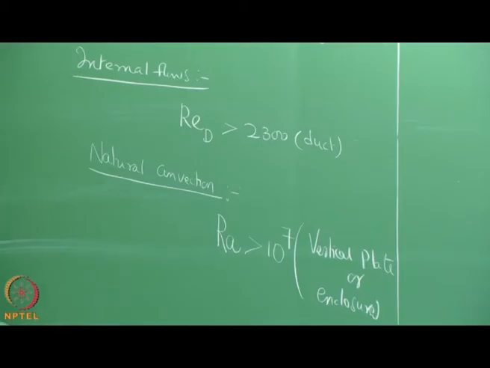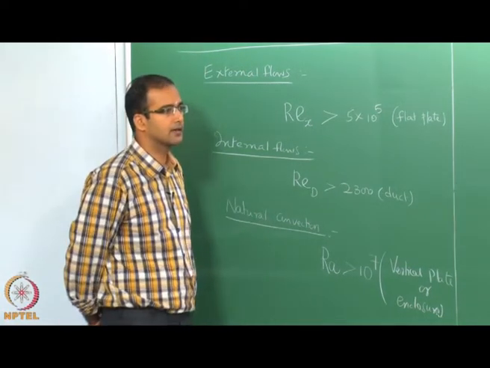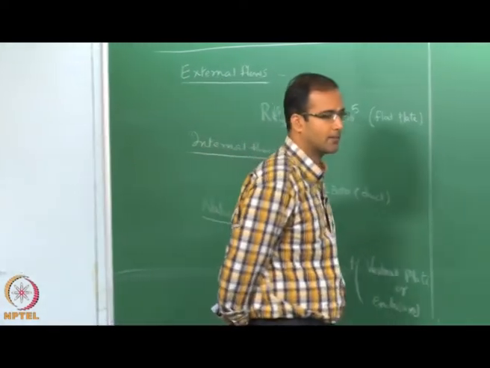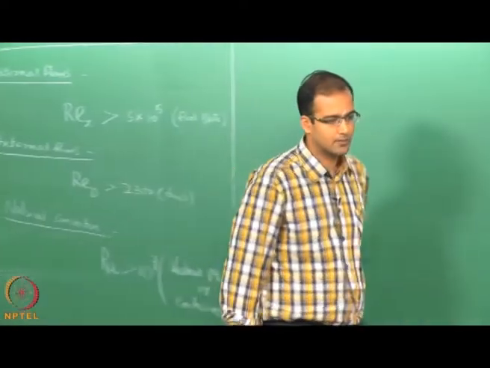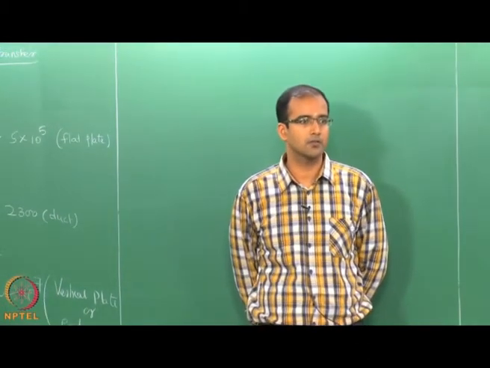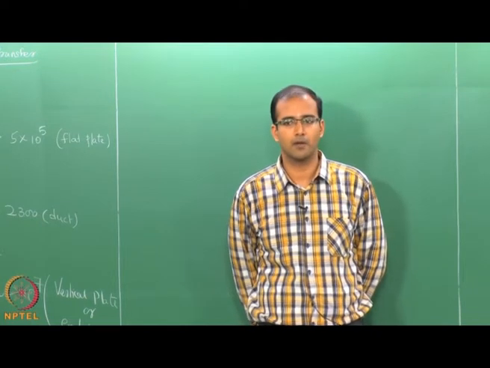Now, what happens if you cross these thresholds, either Reynolds number or Rayleigh number? When you put a probe, typically a hot wire probe, it is used to measure the local instantaneous velocity at a particular point.